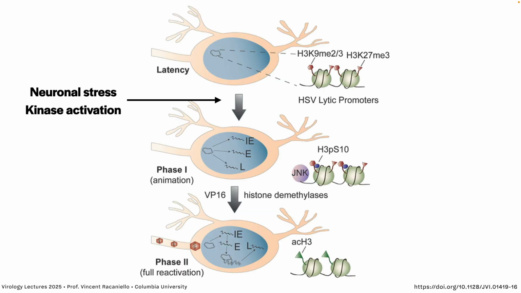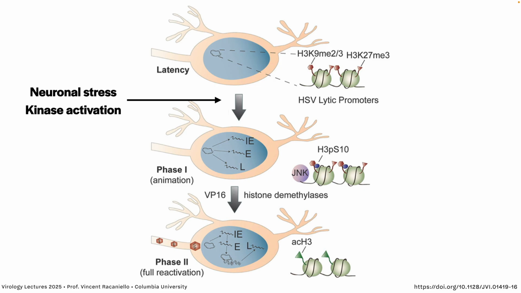But here's the answer. A very interesting series of studies were done, which show that the herpes genome, so here's a neuron in a ganglia at the top, and there's a herpes genome, a circle, and that genome is wrapped around nucleosomes, right? And these nucleosomes are methylated to make them tight, and so transcription is shut off. So that's maintaining latency.